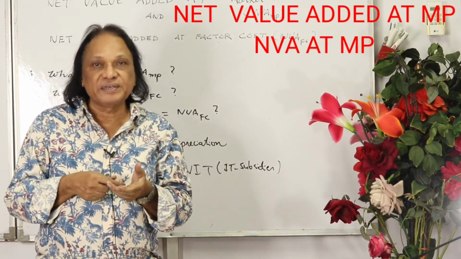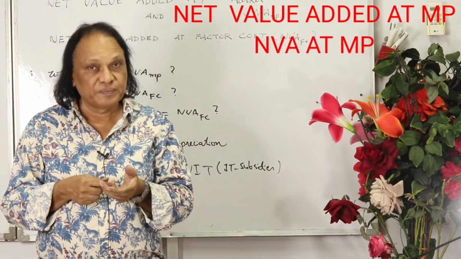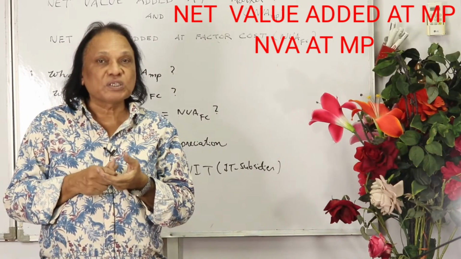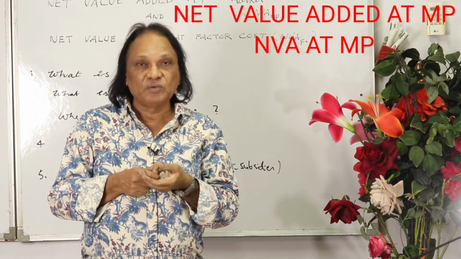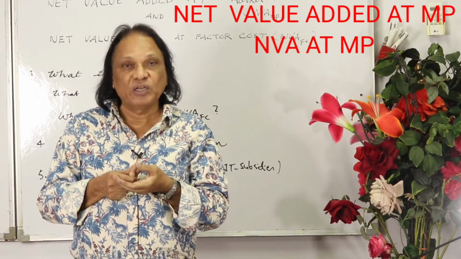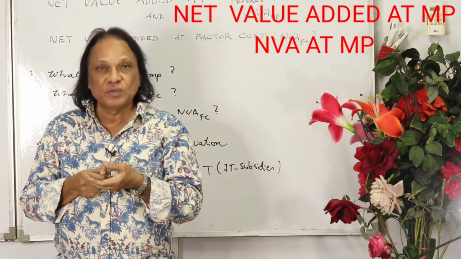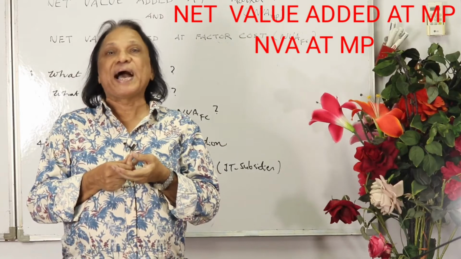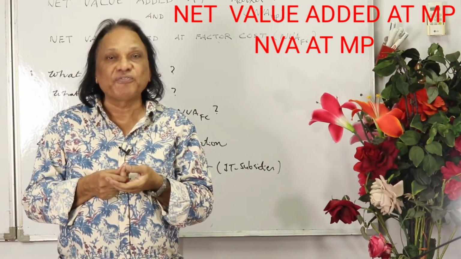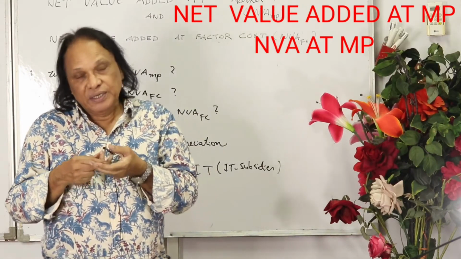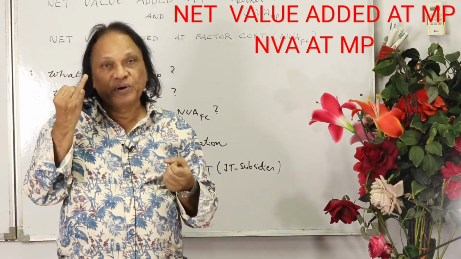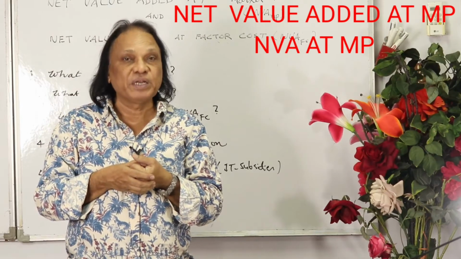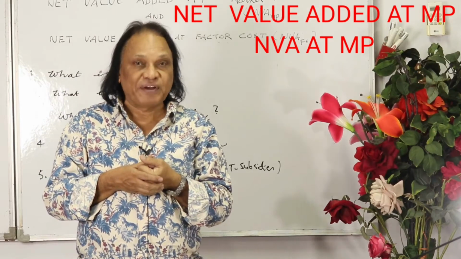As we discussed in the earlier lecture, what is gross value of output and what is gross value added? I repeat once again: to produce a commodity, the firm has to use the four factors of production, that is land, labor, capital and entrepreneurship. These we call primary inputs or primary factors of production.